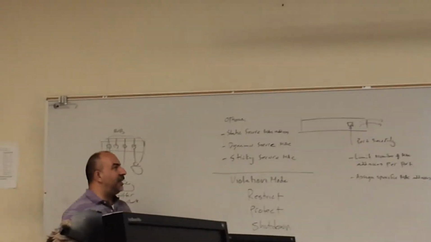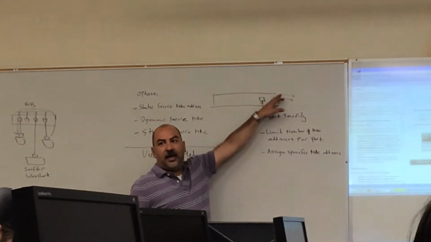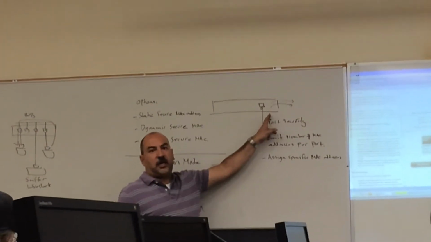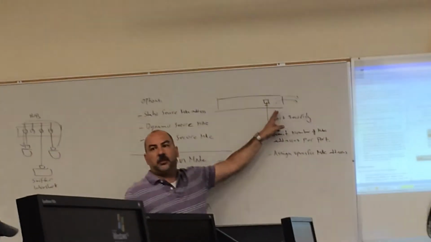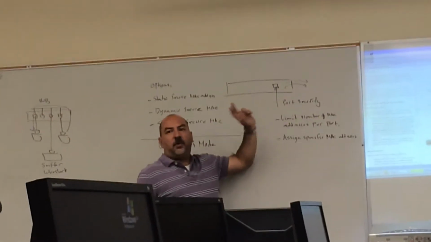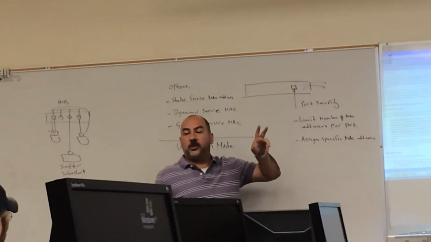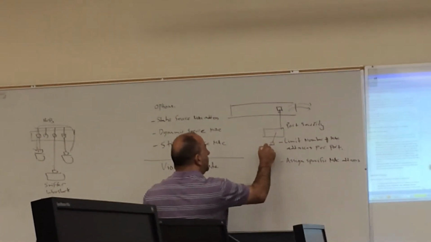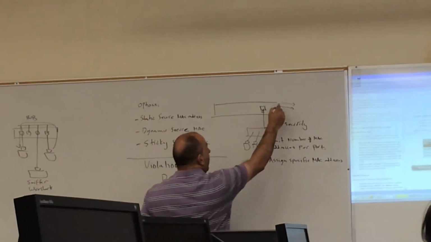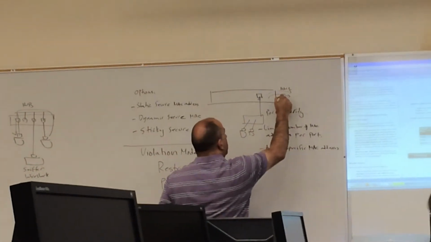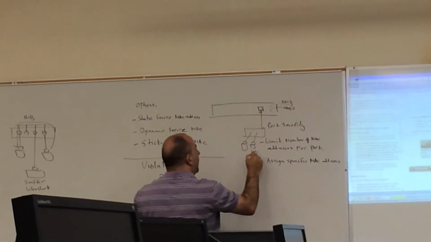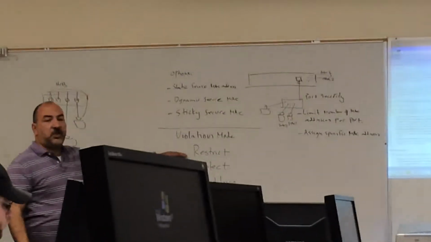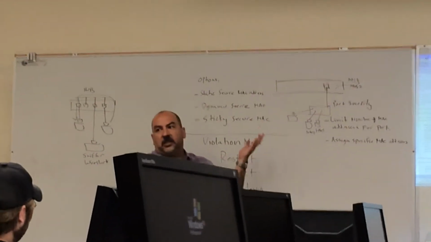So I say, okay, I let only these 2 people go in, correct? A third person comes in and tries to connect to the port. What am I going to do with that third person? Let's say, for example, we are all on a hub. There are my 2 PCs, Mac 1 and Mac 2. Then a third person comes in here. If I put it on restrict, this person is just going to get blocked.